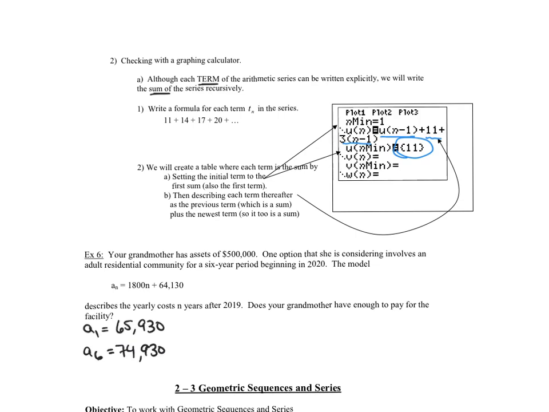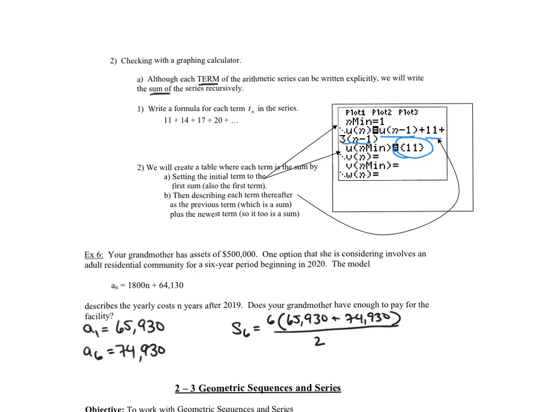But we need to make sure that she has enough money to pay for all of the years. So we're really looking for the sum over that 6-year period. So we'll say S6 is equal to 6 times the 65,000 plus the 74,000, and just change over 2.